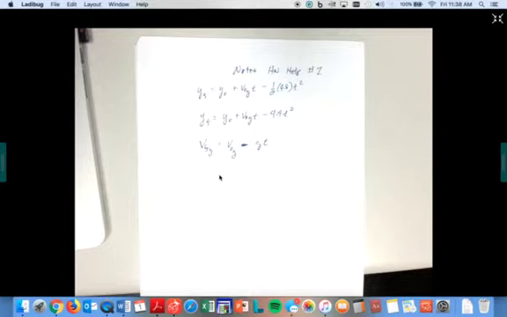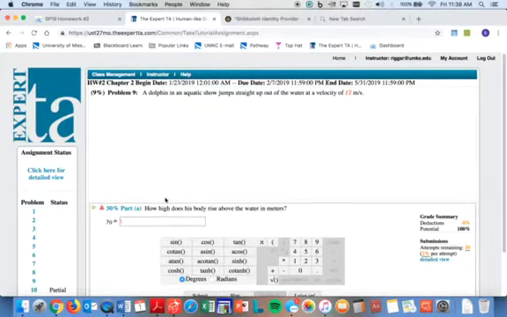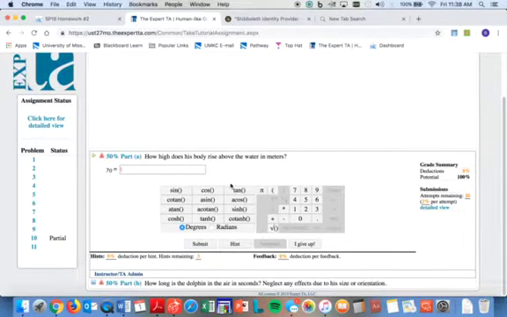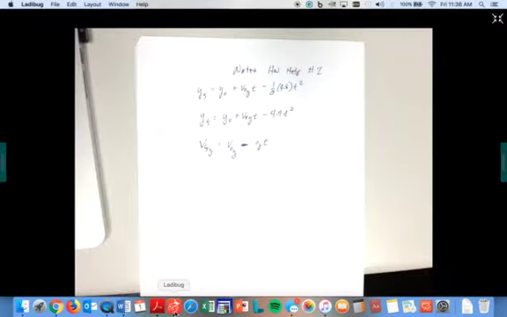I think we did the dolphin in class, but let's take a look at the dolphin when he's coming down. How high does his body rise out of the water, in meters? We figured that out by using this equation here.